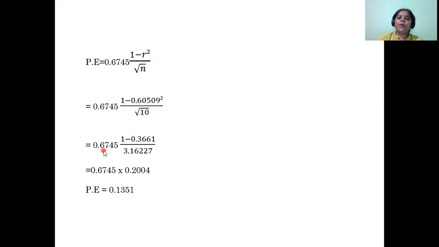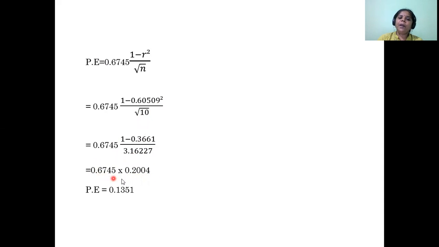Okay, 0.6745 into 1 minus 0.60509 square, and when you square it you will get 0.3661. Divided by root n, the root of 10, you will get 3.16227. So 0.6745 into 0.2004.